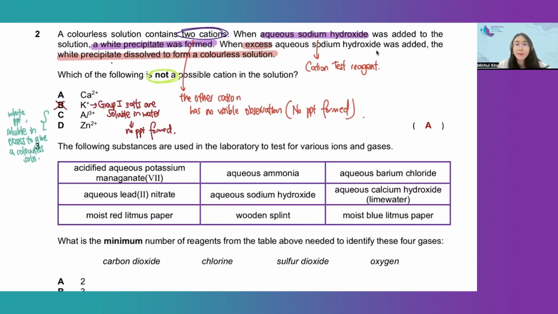So they will show the same observation as described in the information. So C and D cannot be the answer.